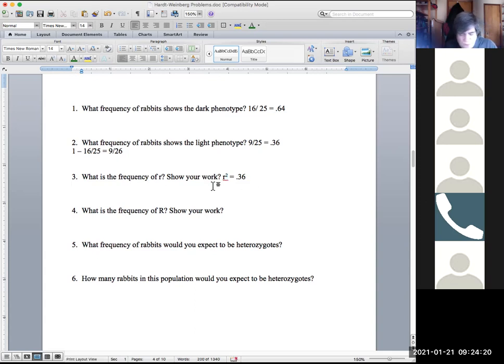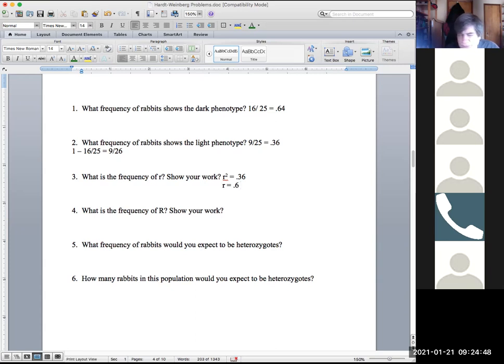So if little r squared is 0.36, we can take the square root of both sides of the equation and we'll get little r is equal to 0.6. Or if you're doing this with fractions, and at least for the first few problems we work, you will be able to do this with fractions.